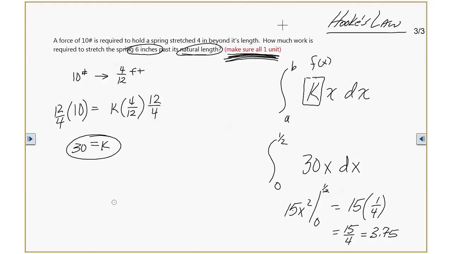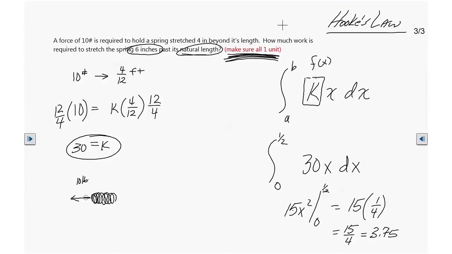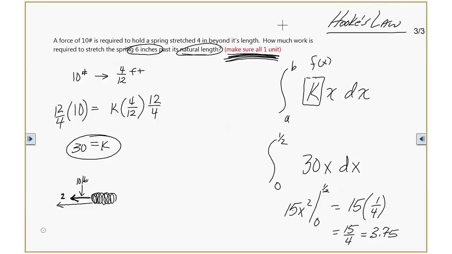If you got a spring, and let's say this spring is right there, and it takes 10 pounds to stretch it 4 inches, then to stretch it 6 inches, which would be just 2 more inches, it would be 13.75 if you just do it with that.